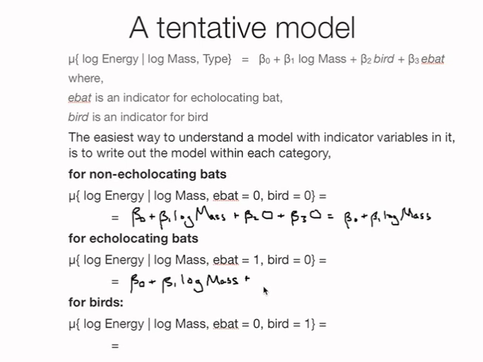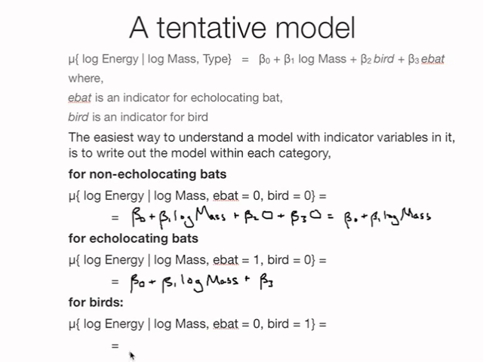Well, the bird indicator variable is 0, so that entire term is going to disappear. I'm going to take a shortcut and not write it down, but I am going to have a beta 3 times my echolocating bat indicator variable. That takes the value 1. A 1 times beta 3 will give me a beta 3.